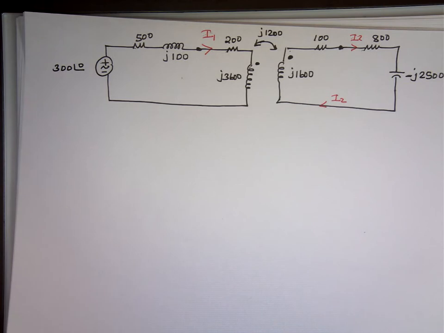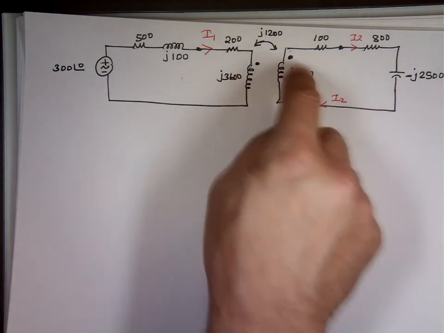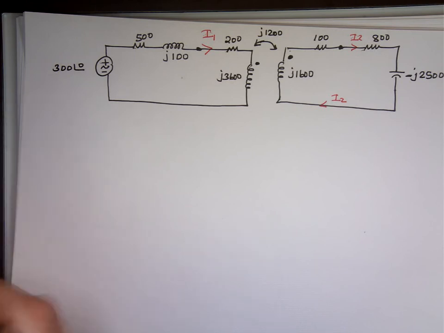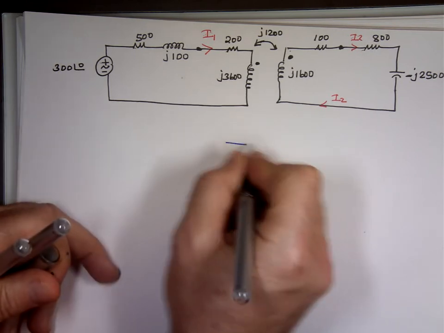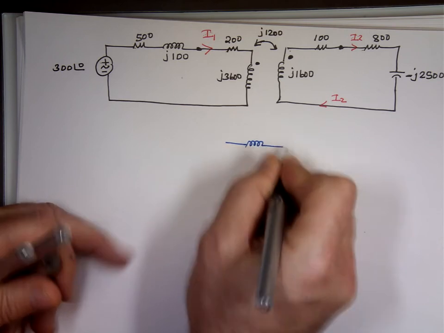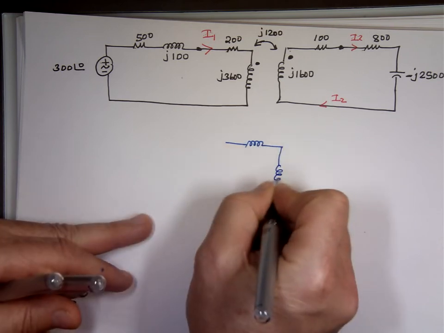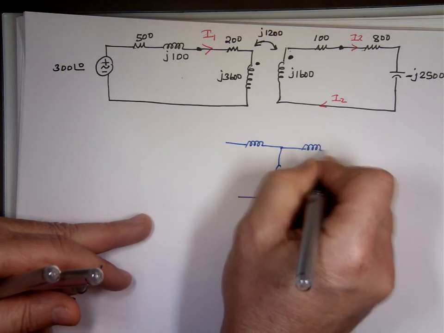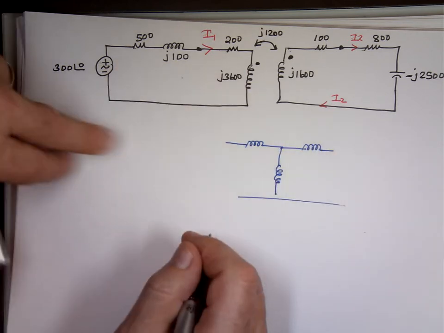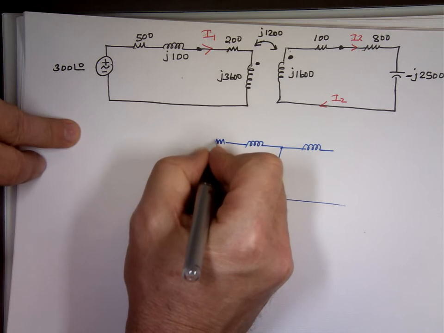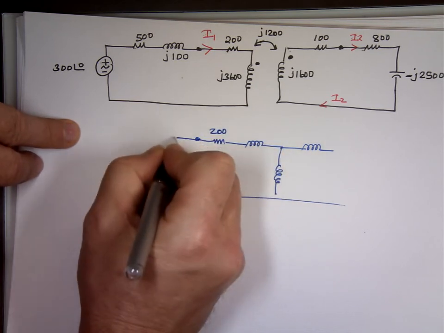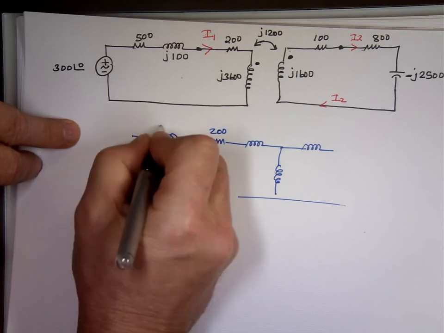So I can replace these two with what? With this circuit. Then I'll put the 200 after that. There's the 200. That's the J100.